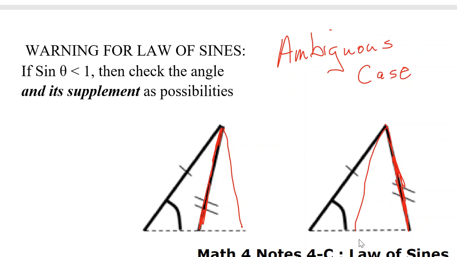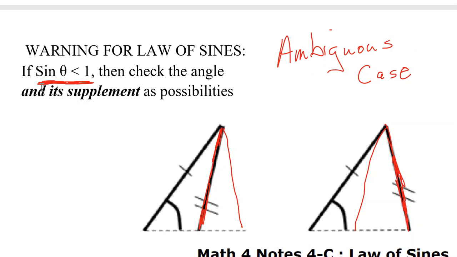Well, with the law of sines, we trip up against this, but there is a way that we can check, and that is that when you get the decimal for the sine of the angle, and the decimal is less than 1, then the trick is to check both the angle that you're given and its supplement.